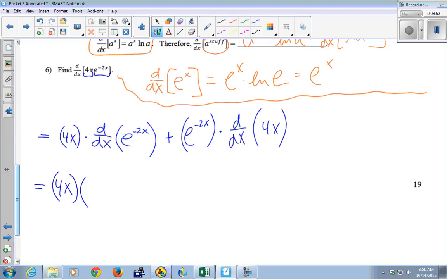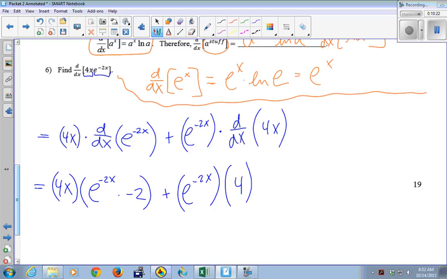Okay, so if I want to take the derivative of e to the negative 2x, that's e to some stuff. So the derivative of e to the negative 2x should be e to the negative 2x times negative 2. Right, because my stuff is negative 2x, so the derivative of the stuff is negative 2. Plus e to the negative 2x times, what's the derivative of 4x? 4.